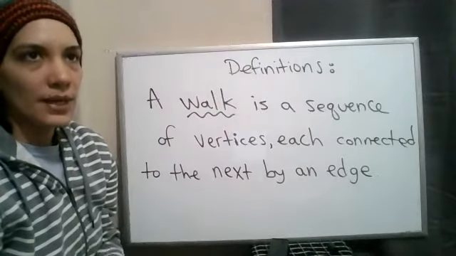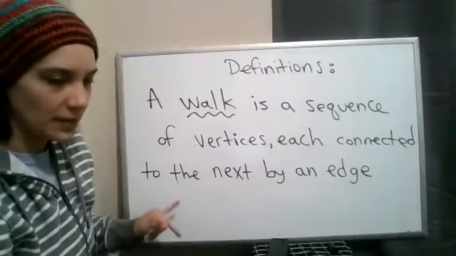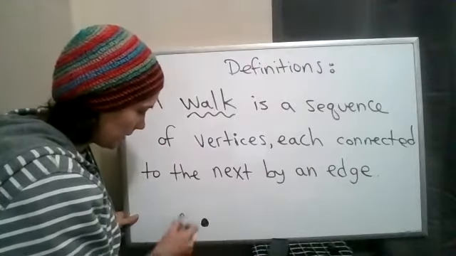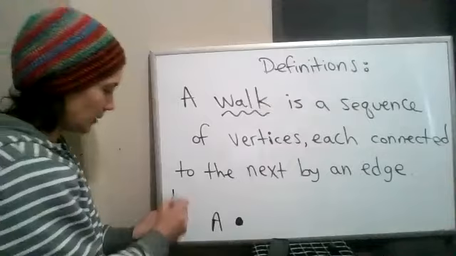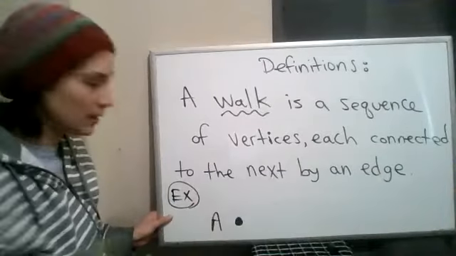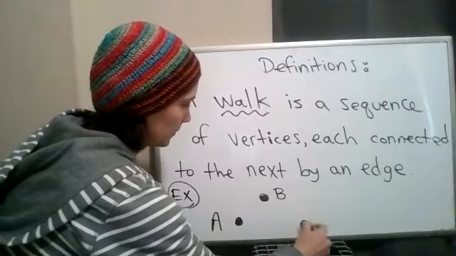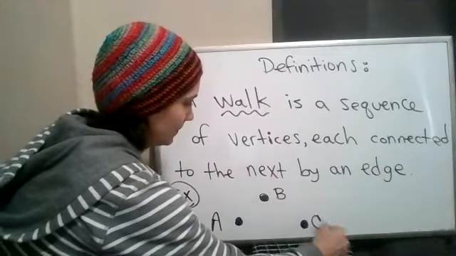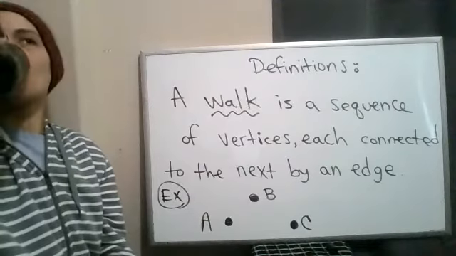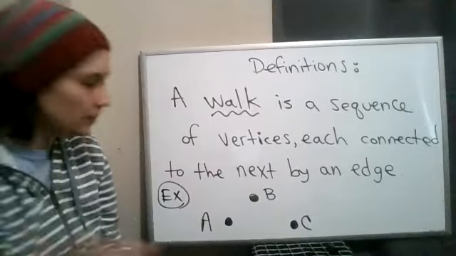So you can have, let's start with a graph. Have this graph with 3 vertices, A, B, C. Let's just draw a triangle.